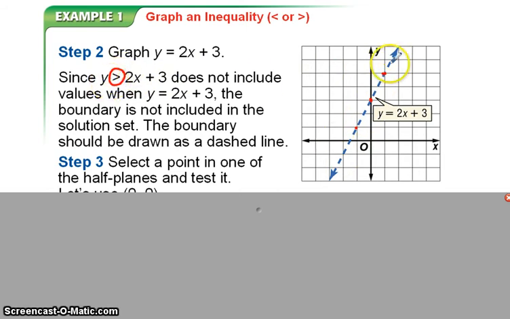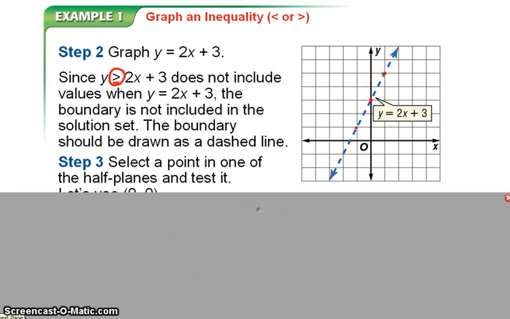It's not equal to. So it's going to be a dotted line because, again, your solution is not equal to 2x plus 3. It's only greater than. If this had an equal to sign underneath it, then it would be a solid line. So there's kind of your first difference, sort of like with the open and closed circles on a number line. You have to be careful with that.